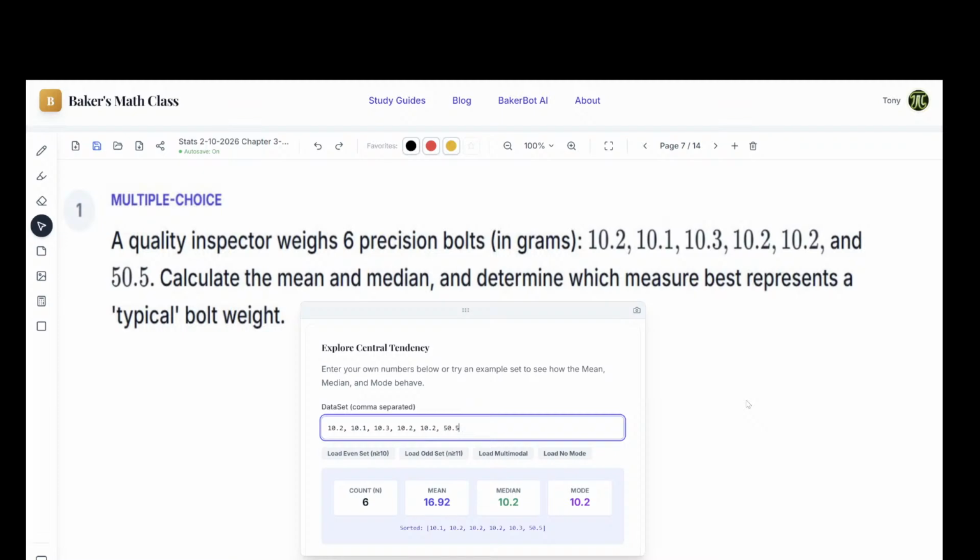Which of those 3 things would be the best measure that represents a typical bolt weight? Should I use mean or median? You'll never want to use mode for this. So should I use mean or median for this?